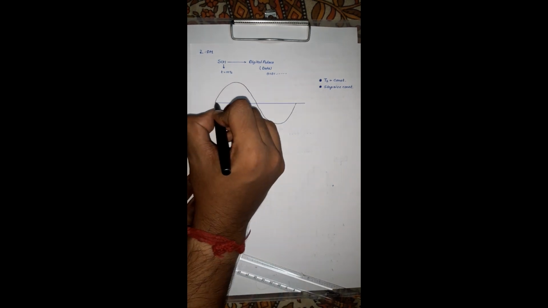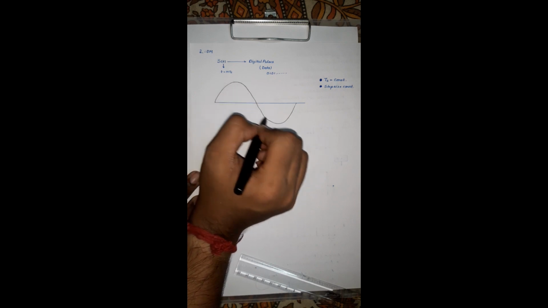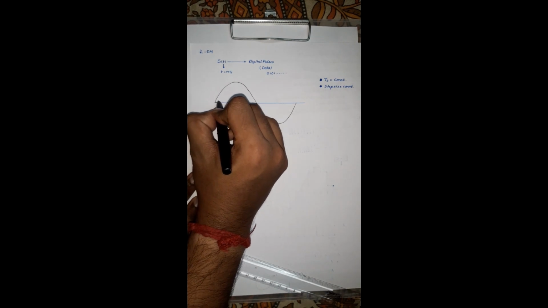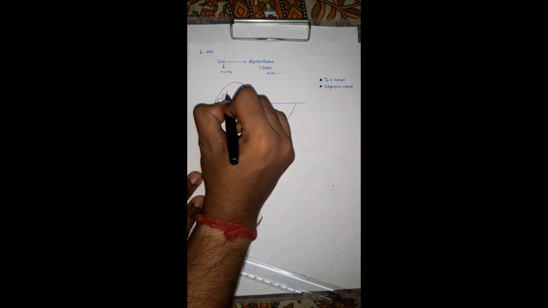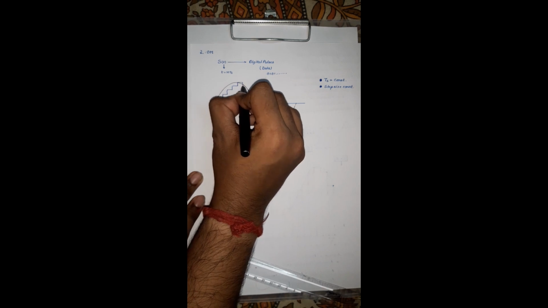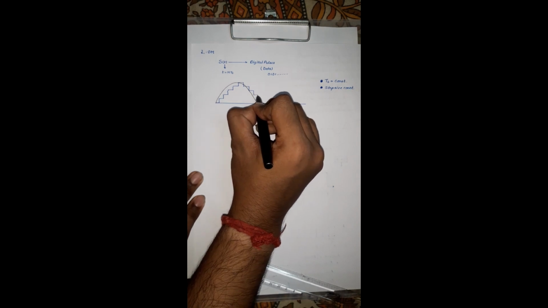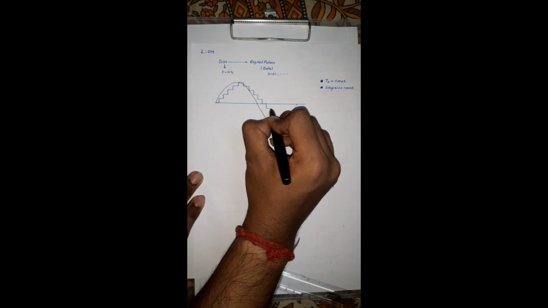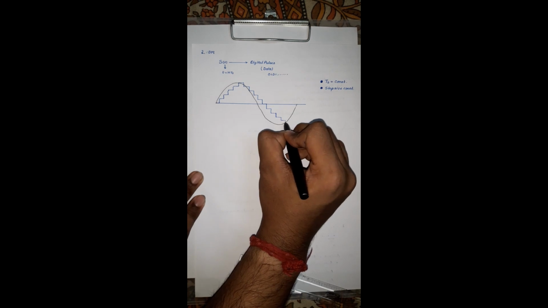Now what is the corresponding discrete or sample signal that is generated? It is something like this. Let me draw it.